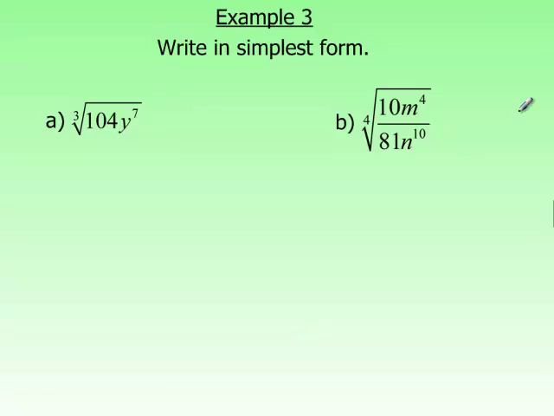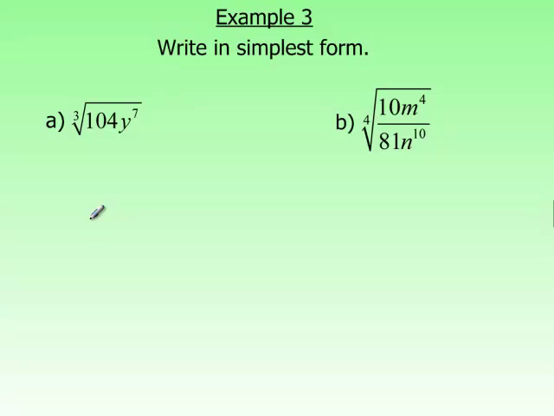So this first one to the left, we have the cube root of 104 y to the 7th. So when I do this one, I want to look for groups of 3 to pull out.